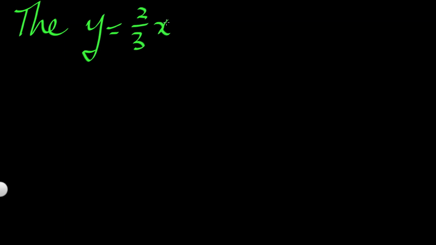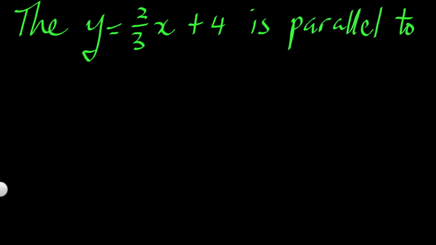The line y is equal to 2 over 3x plus 4 is parallel to a line passing through 0, 4.